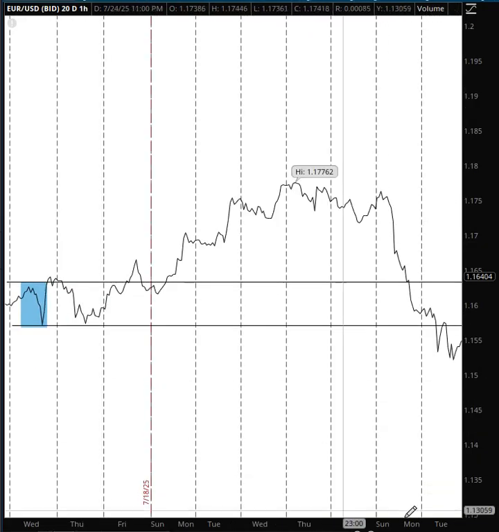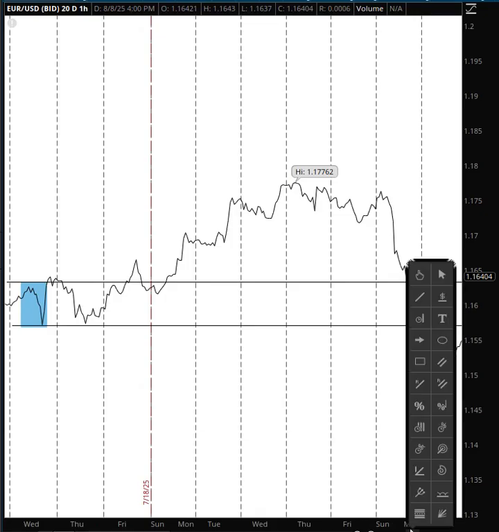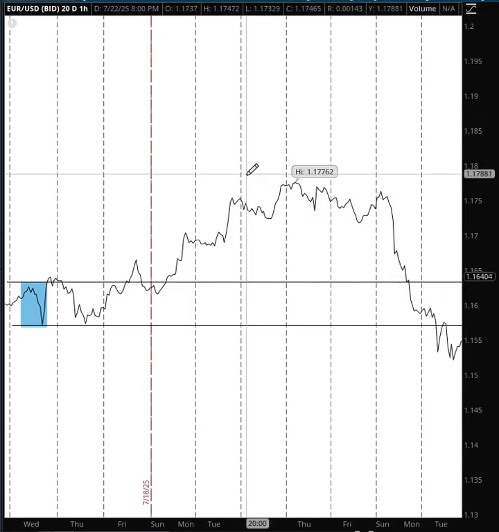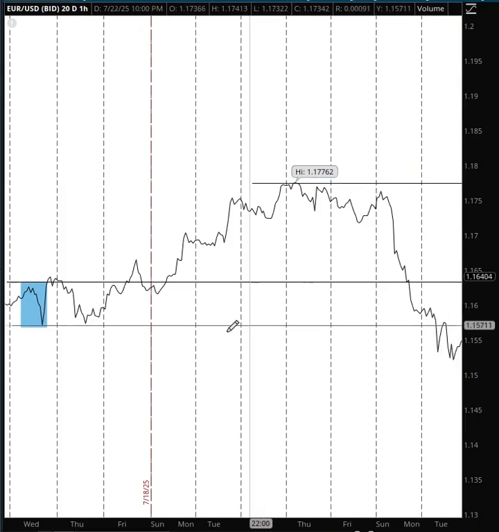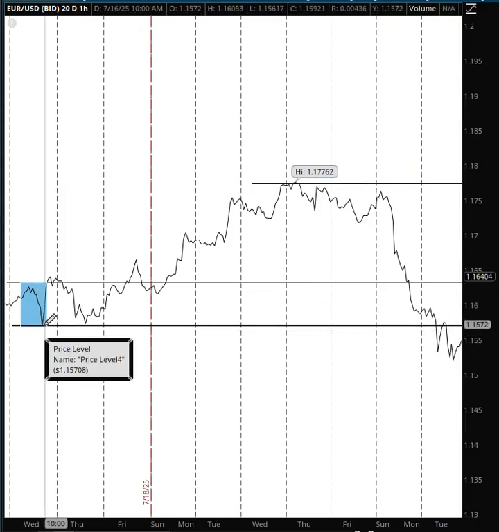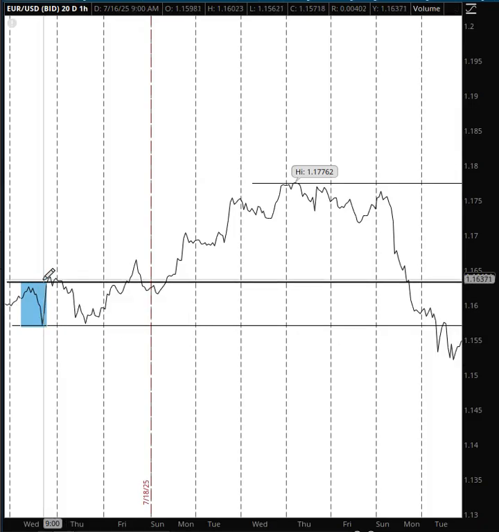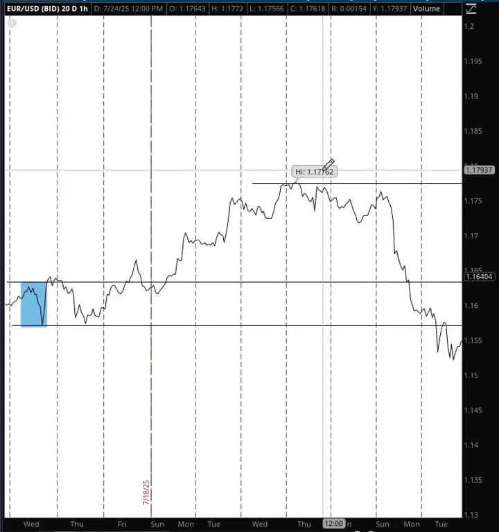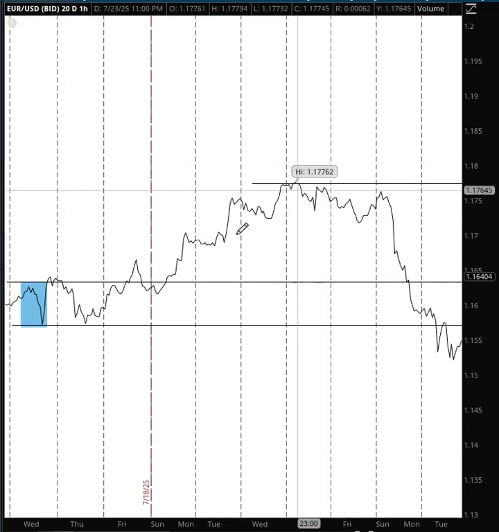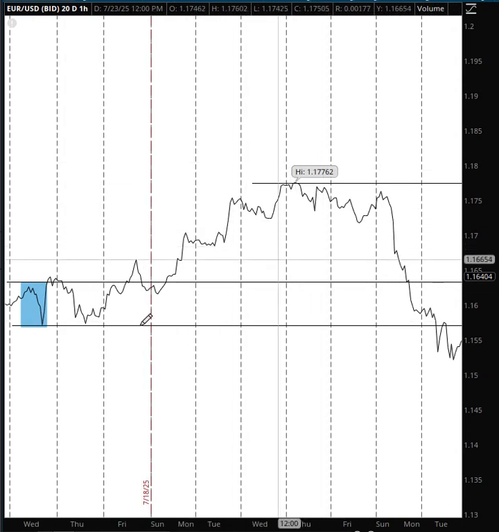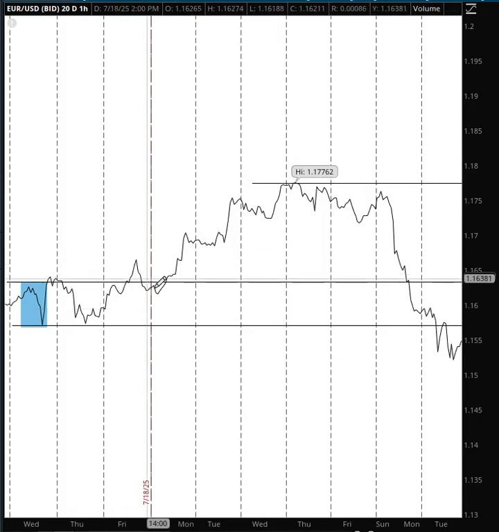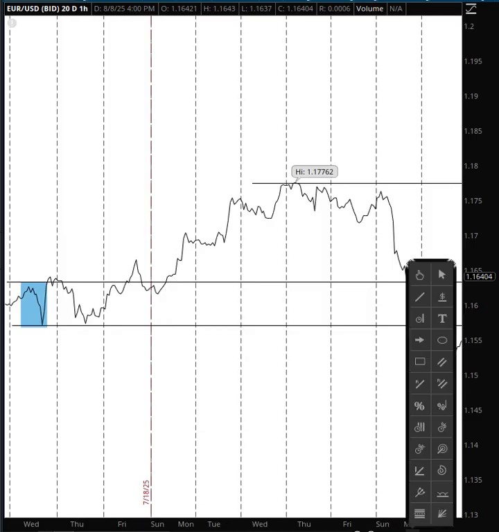Look at that. That was the bottom. So even if you entered here or entered here, that would take you up to here. Okay. Now, if you gain a couple points, do not be greedy. All right. If you have a good trade, I would probably want to exit since I'm not seeing any more fractals.